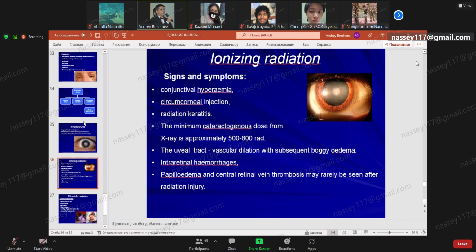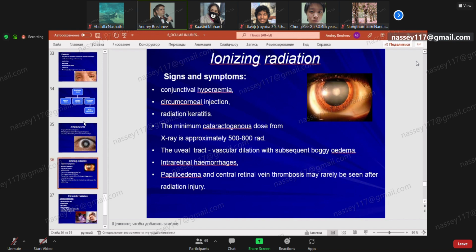The minimum cataractogenous dose from X-ray is approximately 500 to 800 rad. The younger the lens, the greater the vulnerability to X-ray. A latency period of 6 months to 12 years exists depending on dosage. The uveal tract may undergo vascular dilation with subsequent edema.